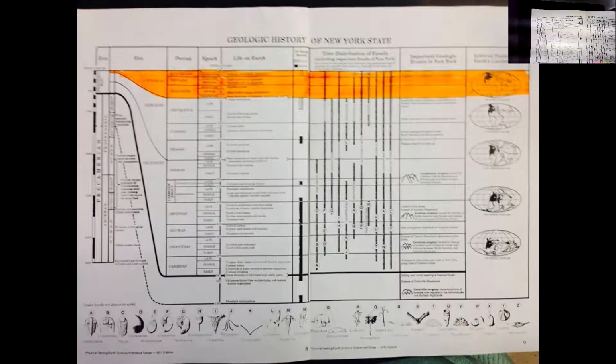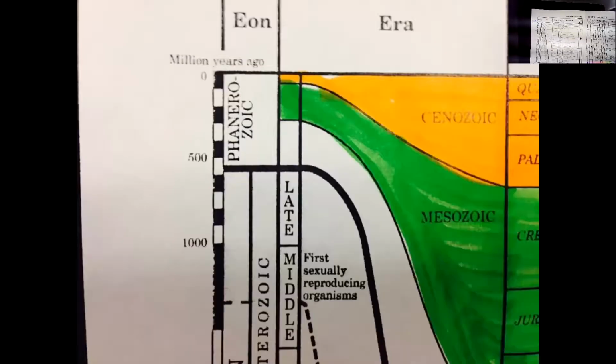All right, we're going to do the same thing. Grab your second favorite color. So again, now we're going to do just this middle section here. I still had my orange section on the top. Now I'll go with that middle. And then you're going to color where the whole word Mesozoic is.